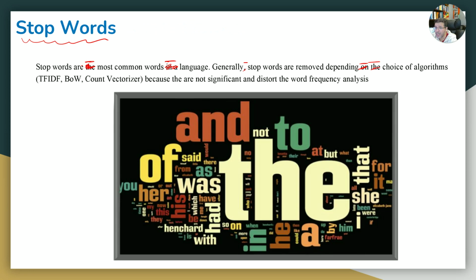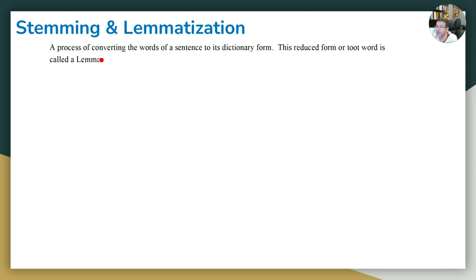So once we remove the stop words, the punctuations, the special characters, numbers, and white spaces, then we need to keep just the root of a word.